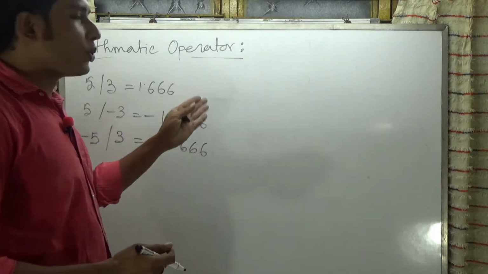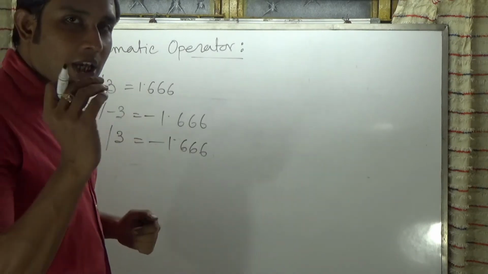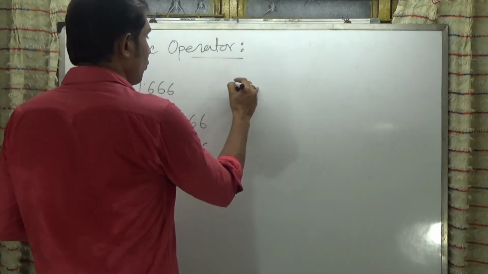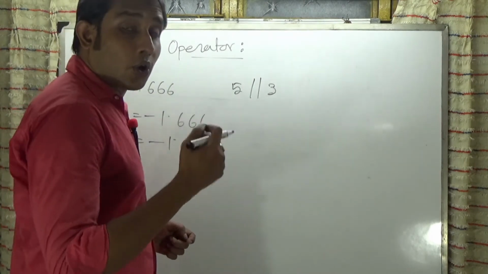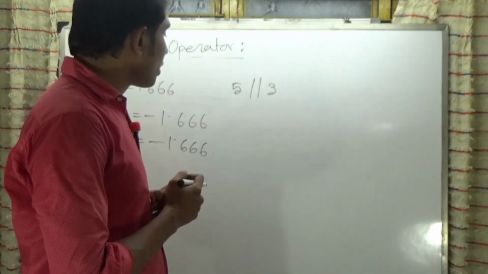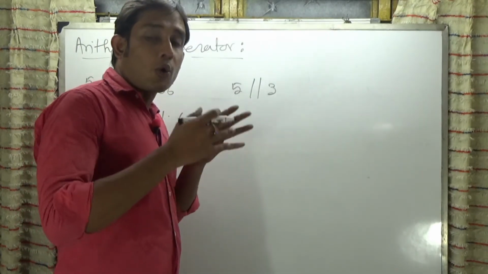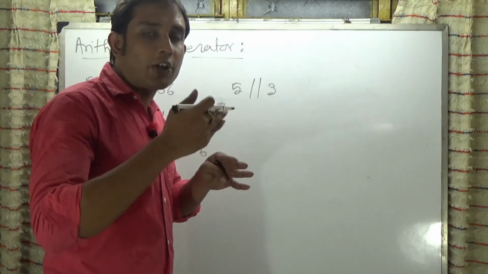Now I am going to divide 5 and 3 by using the floor division operator. So 5 is going to be divided by 3 using the floor division operator. In the case of the floor division operator, it always returns the integer portion or whole number portion of the quotient, and the fractional portion will be omitted or truncated.